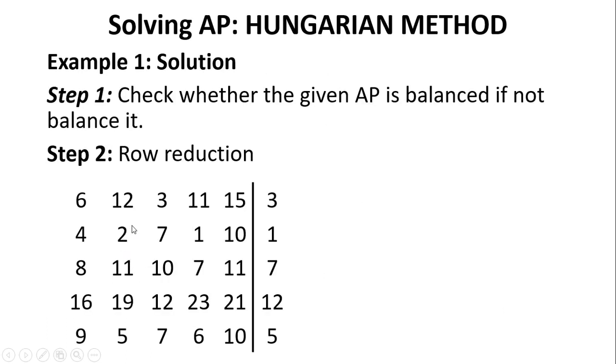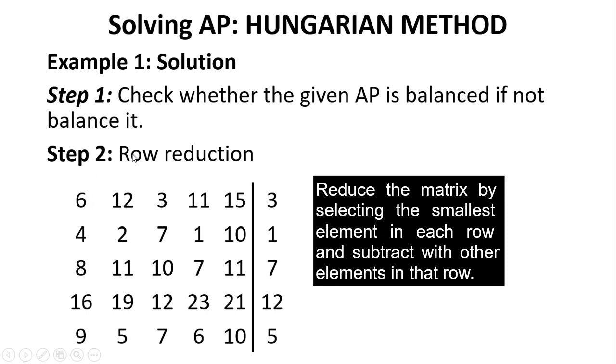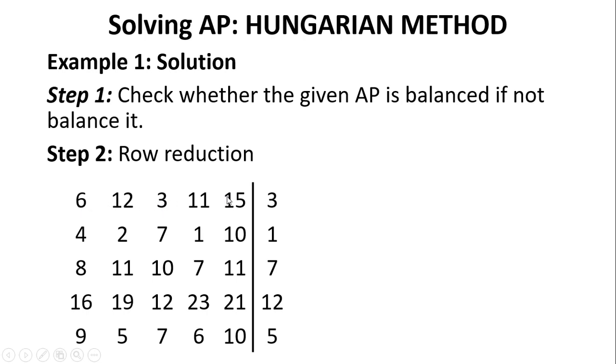Row reduction requires that you identify the minimum cost from each row, and then you subtract that minimum cost throughout the entire row. From the first row, we have identified the minimum coefficient as 3, from this row the minimum coefficient is 1, in this row it is 7, from this row it is 12, and in the last row the minimum coefficient is 5.